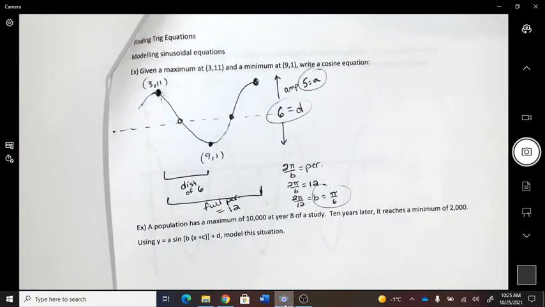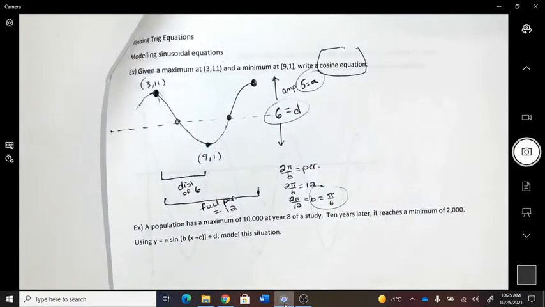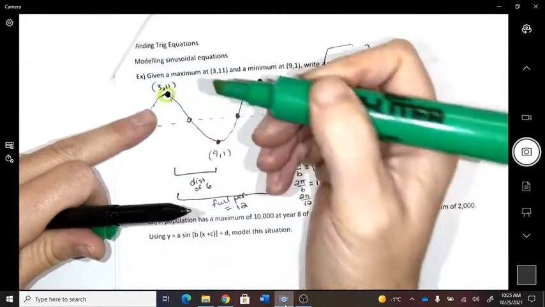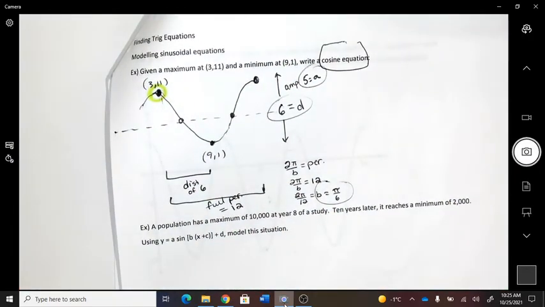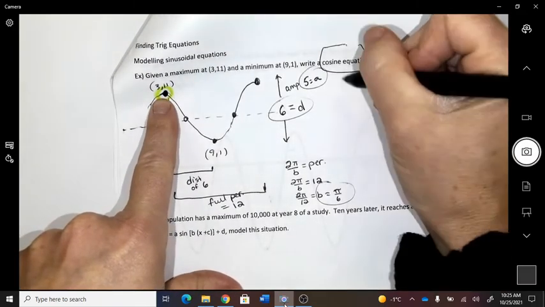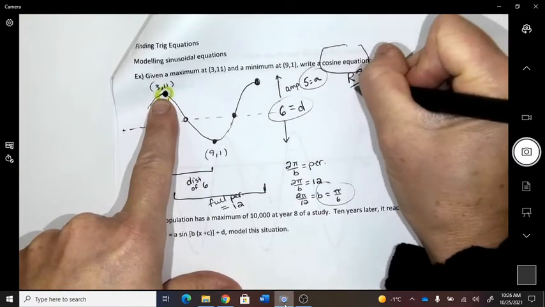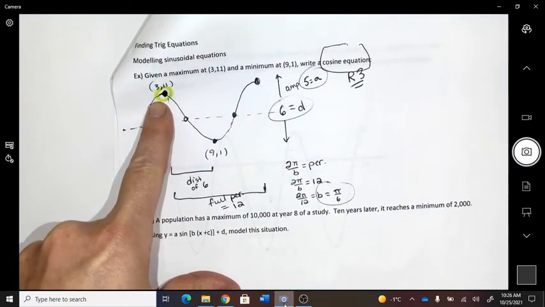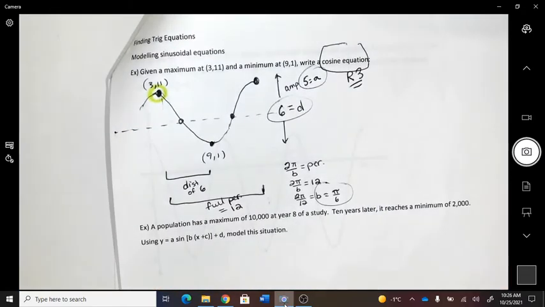Okay, the last thing is to decide, this is a cosine equation. Where is a cosine point? It starts from a top. So that could be a cosine coordinate. If it was the starting point, it is now shifted right 3, because the coordinate is an x value of 3, not 0. Okay, you ready?